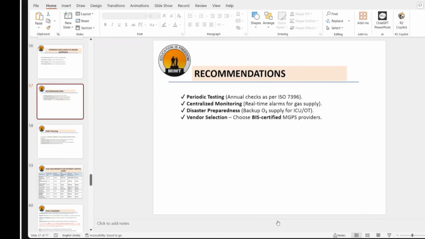Even in a minor survey, whatever survey we are doing, we need proper consent from the respondents. So that is the ethical requirement.